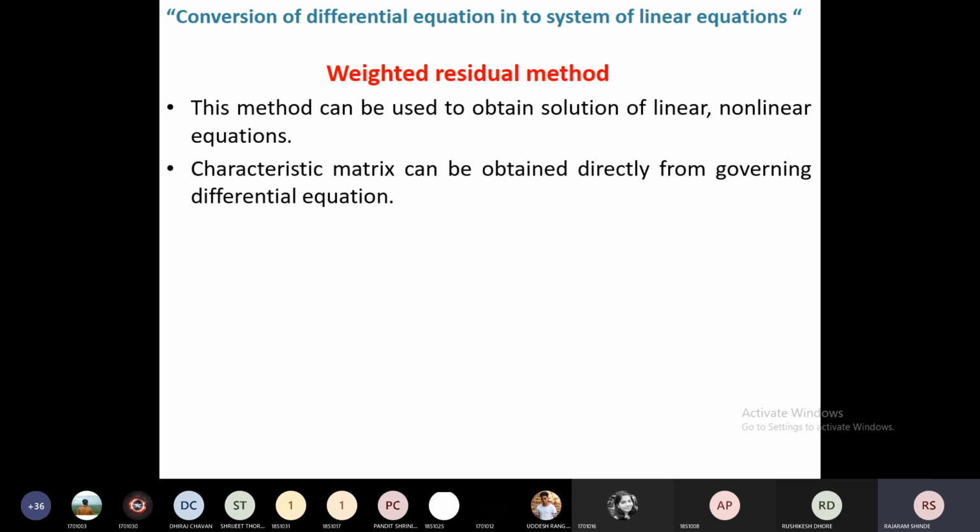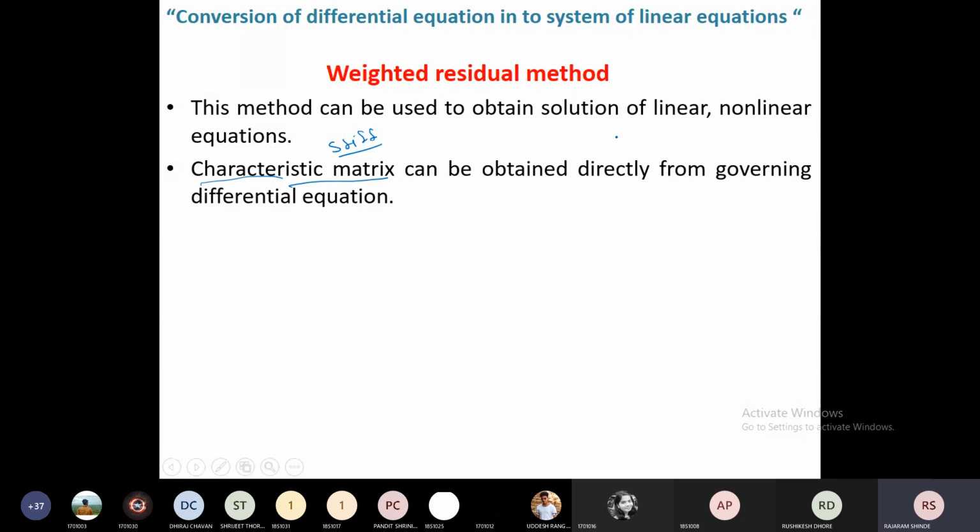Now see here, the characteristic matrix can be obtained directly from the governing differential equation. I will show you, I will prove how. Characteristic matrix means a property matrix, or in structural analysis it is the stiffness matrix. It can be obtained directly from the governing differential equation.